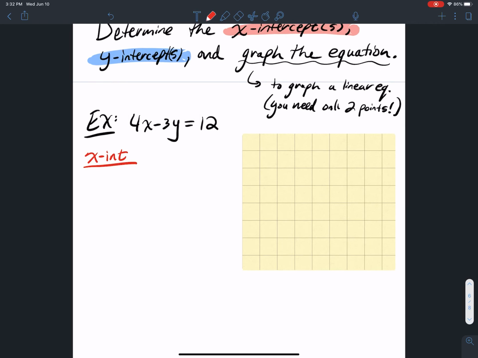So let's do a graph like this and this. So this is my x-axis. And this is my y-axis.